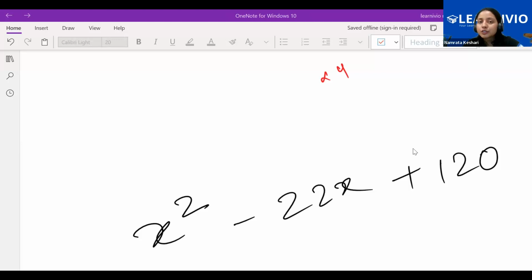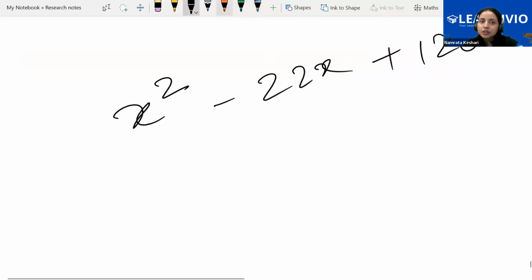Yeah, sure, we can do it together. So we will compare it with the standard format of a quadratic polynomial.